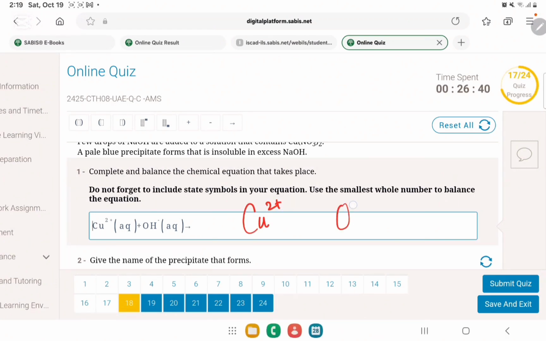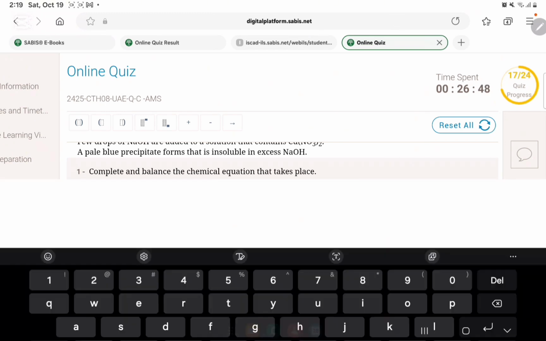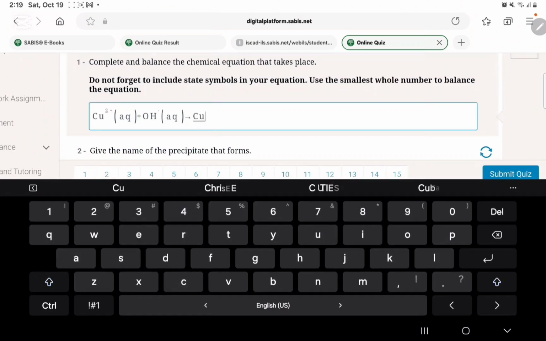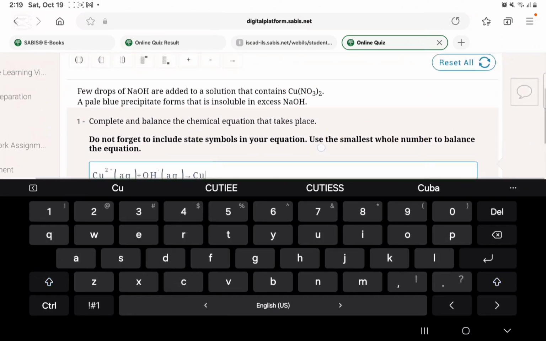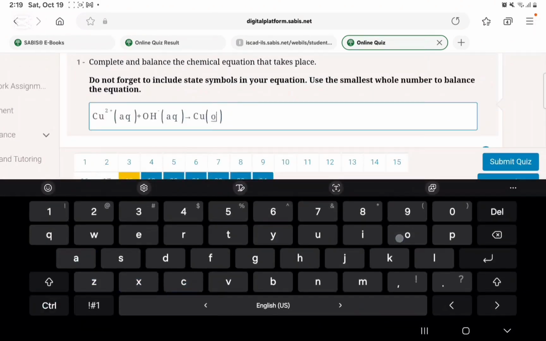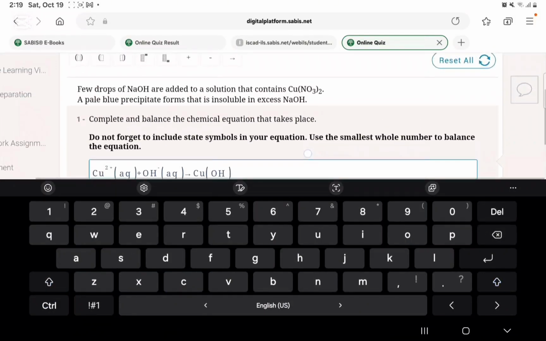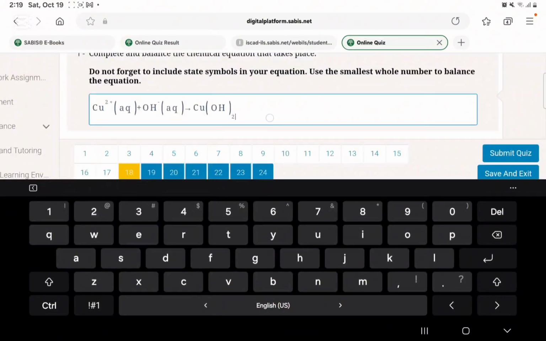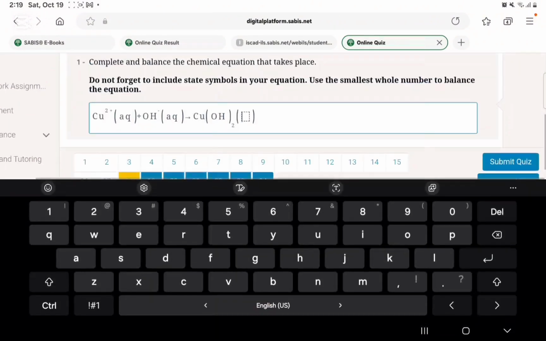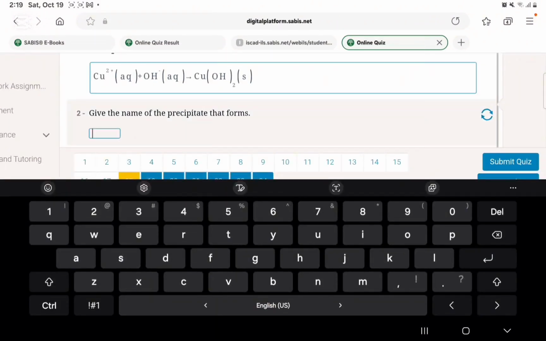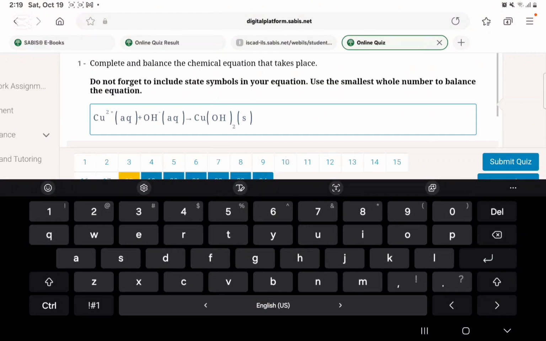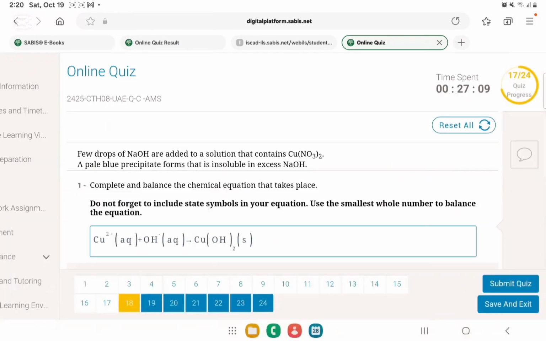Cu2 plus and OH minus. You get Cu(OH)2. That's solid. Okay, so Cu(OH)2, that is solid.